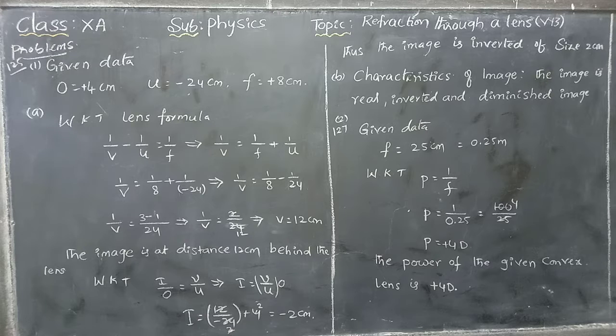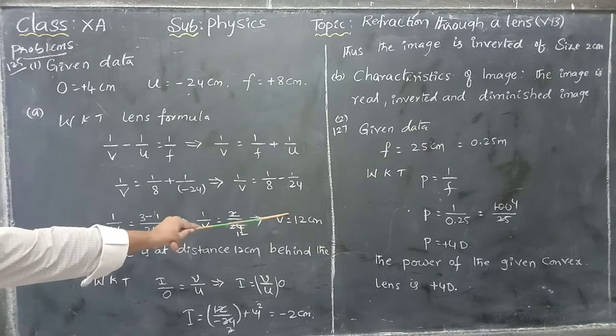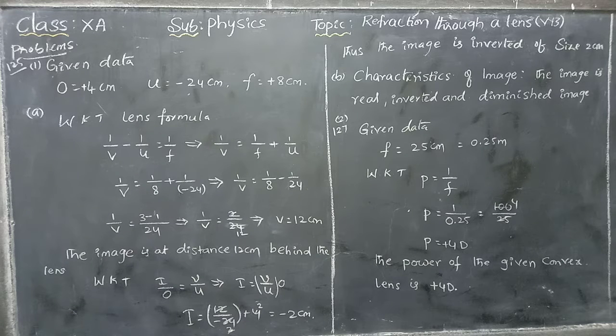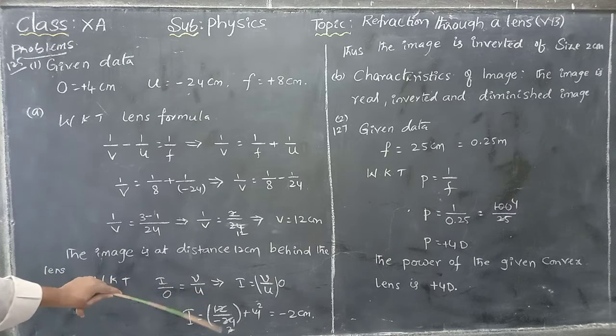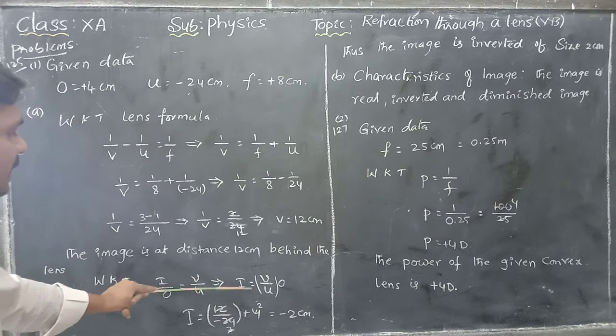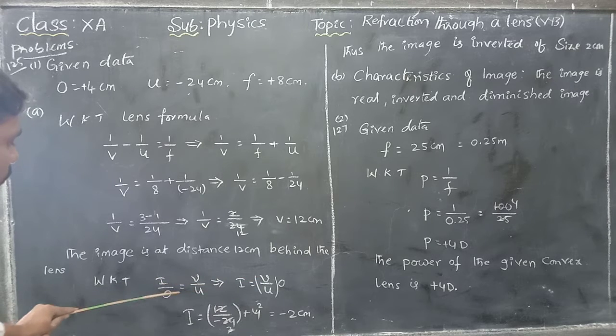Here the image is forming on the right hand side of the convex lens because V is positive, so it is on the right hand side of the optical center. Next, I want to calculate the image size. We know that image divided by object equals V divided by U. So image equals V divided by U into object.